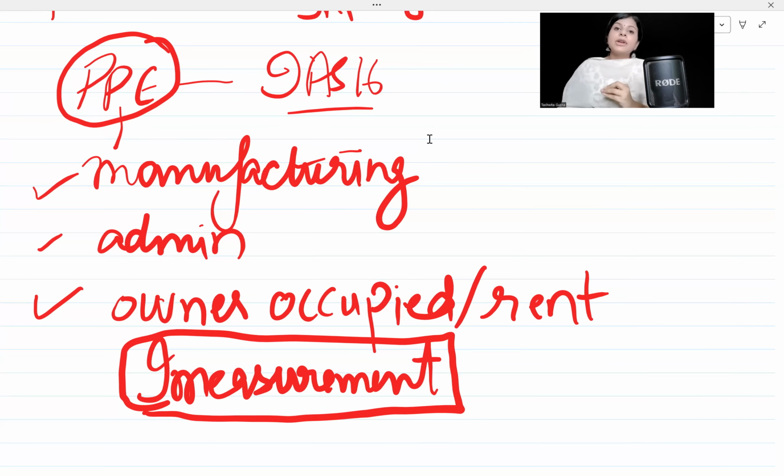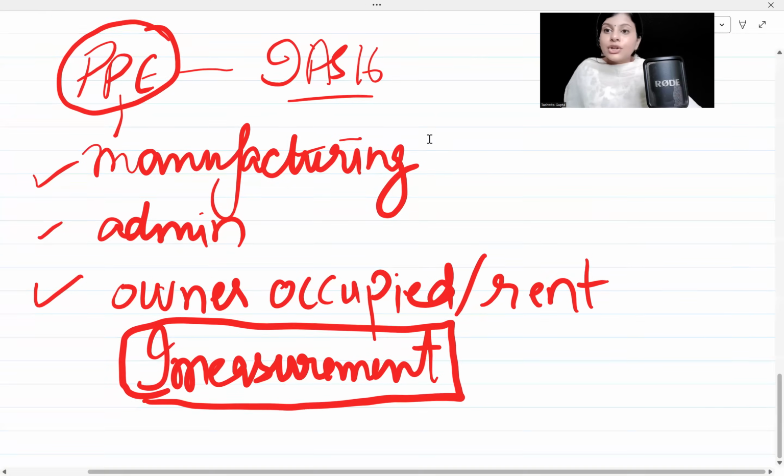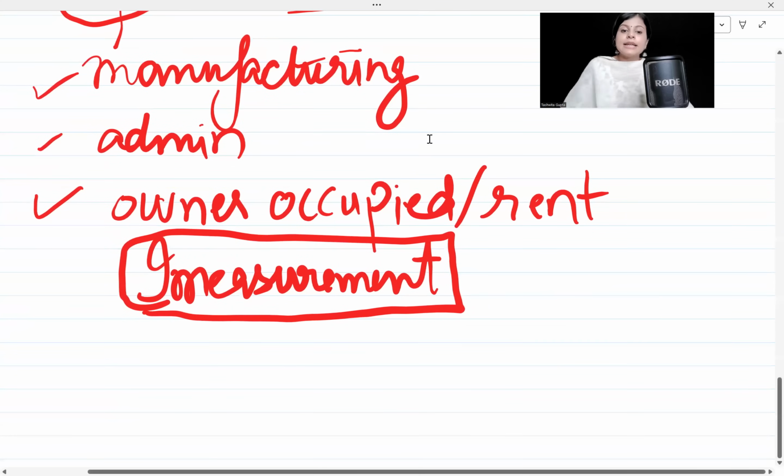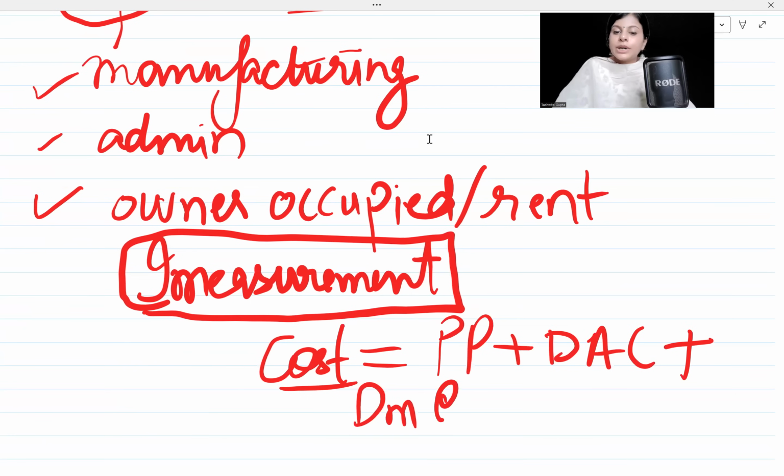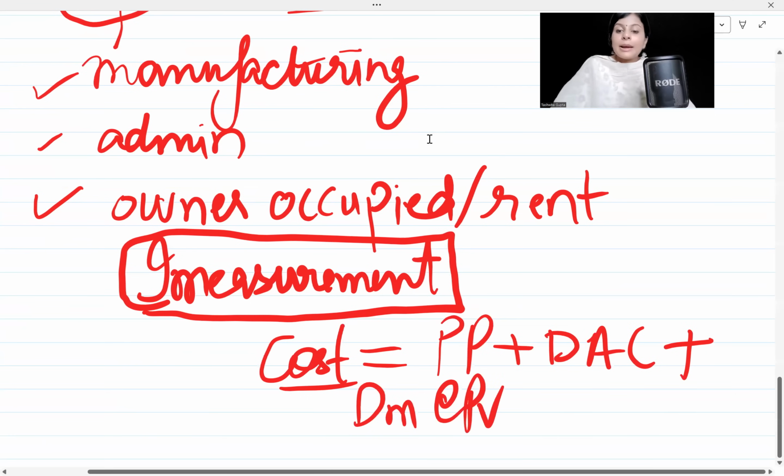So my initial measurement of IS 16 is at cost. The components of this cost are purchase price plus directly attributable cost plus any dismantling cost, taken to its present value, plus any borrowing cost plus any irrecoverable tax.